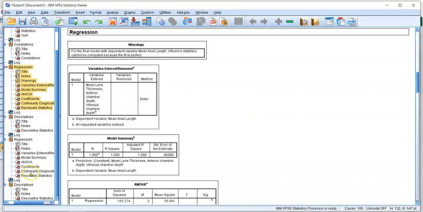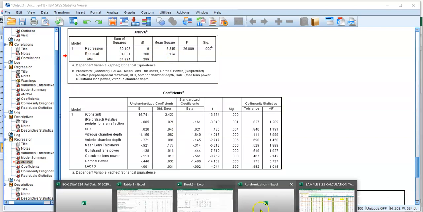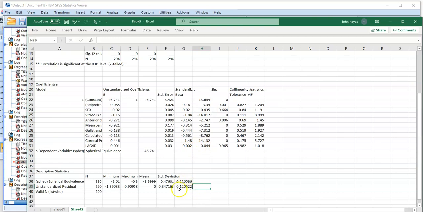So our regression ANOVA right here, there's this thing called residual, and that's 0.124. That looks a lot like the variance, 0.1205. Now, there is rounding error in this. Who knows where the rounding error comes from?